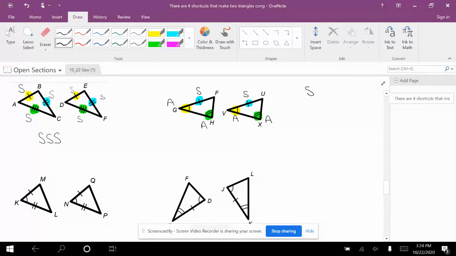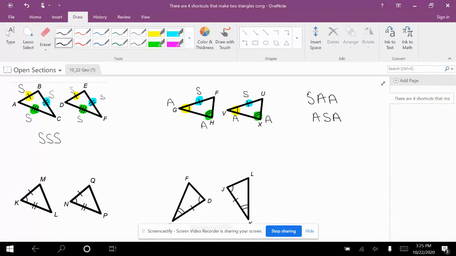So we have 2 options, either side, angle, side or side, angle, angle, or we have angle, side, angle. These are the 2 options because we have 1 side and 2 angles. Esos son las opciones porque tenemos 2 A's y una S.